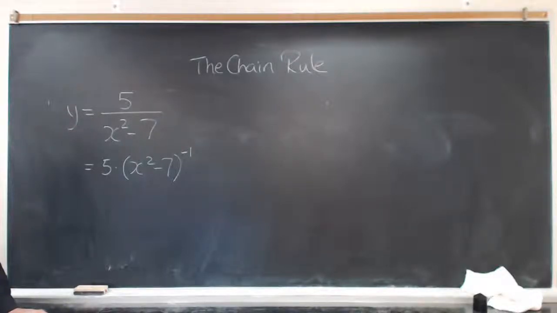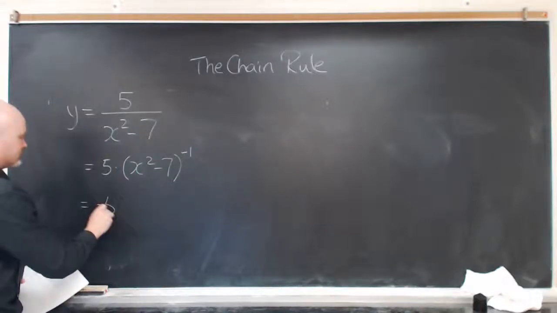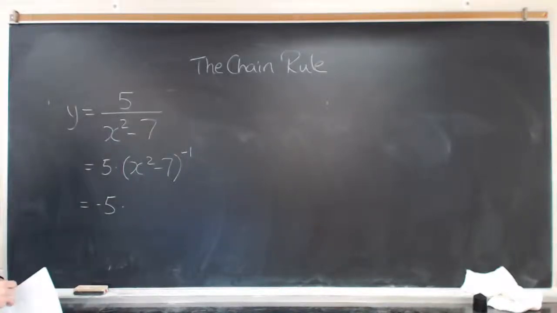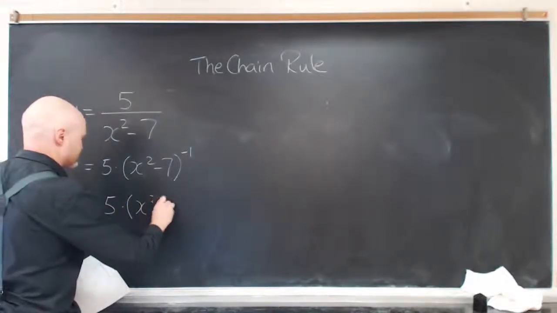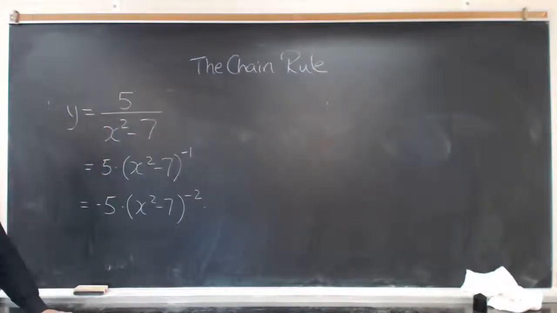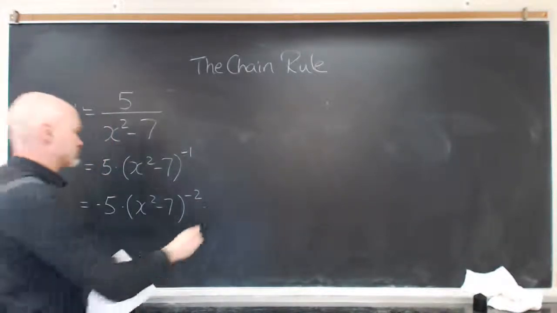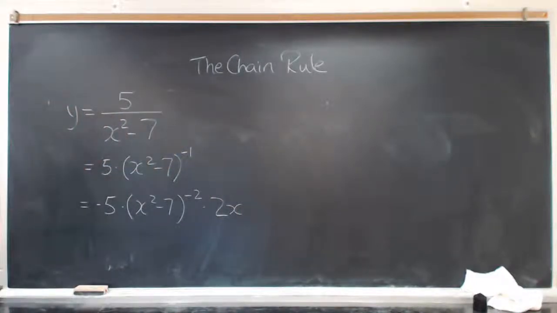So now it's negative 5 times x squared minus 7 to the exponent negative 2 times 2x. That's it.